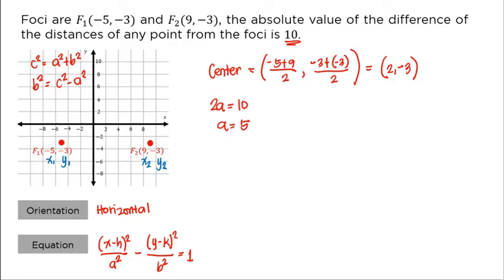We already have a, so we need to find c. Take note, c is just the distance from the center to one focus. Since we are given the foci, we can take one focus to solve for c. Suppose I will just take F2.